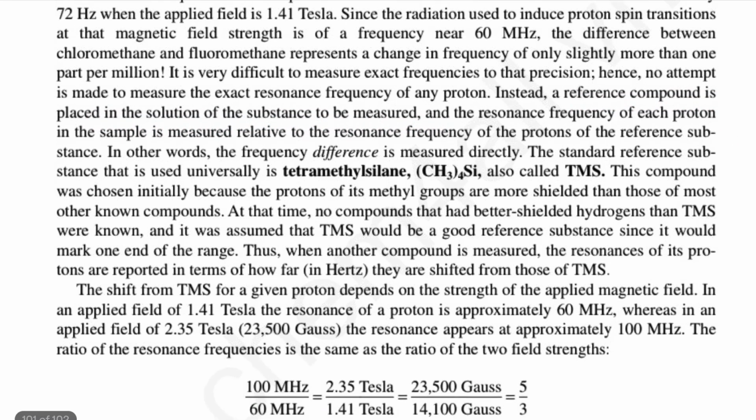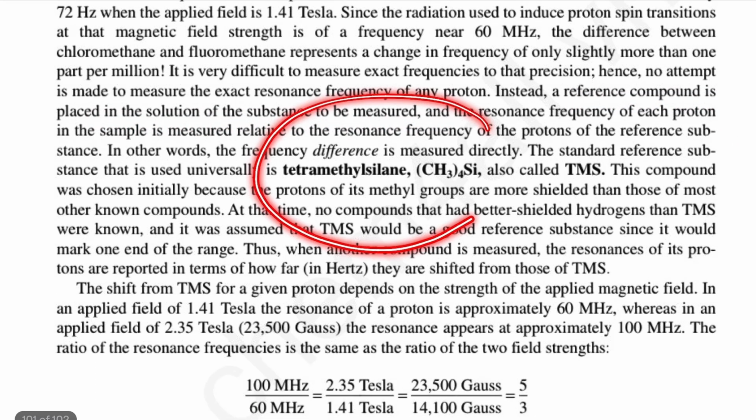And what is that reference compound? That reference compound is called tetramethylsilane, or TMS. We consider the TMS molecule an internal standard, because in the NMR spectrum its peak appears at one side of the spectrum, and at the time of discovery this compound was considered to have the maximum number of electrons surrounding it.